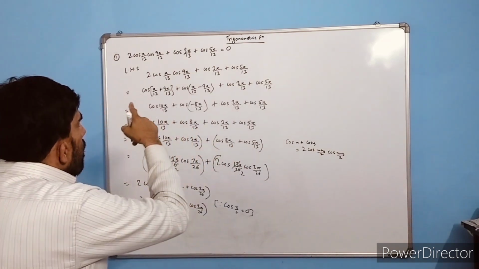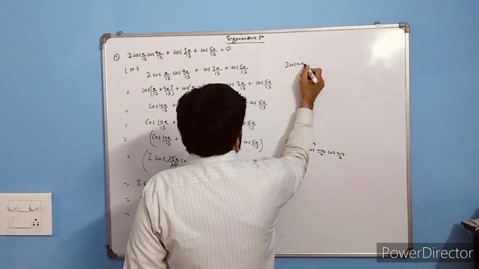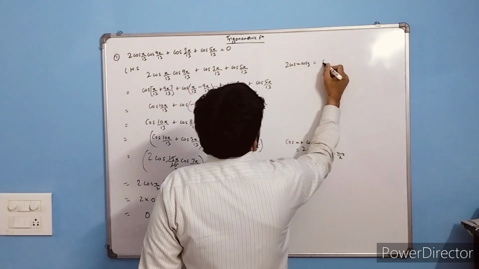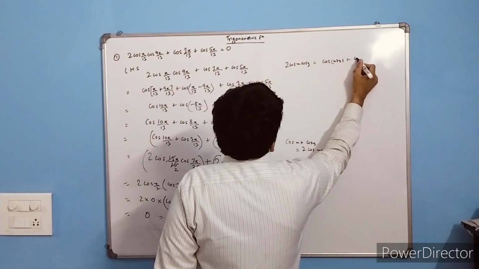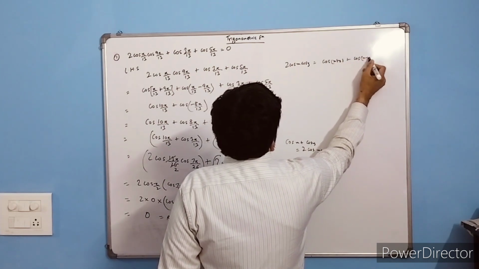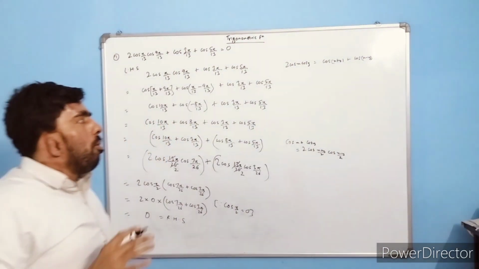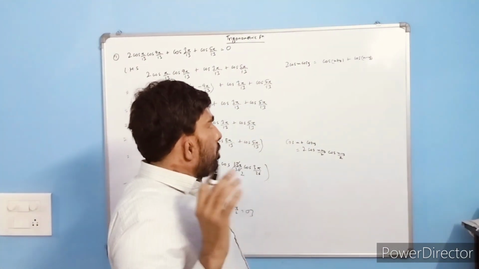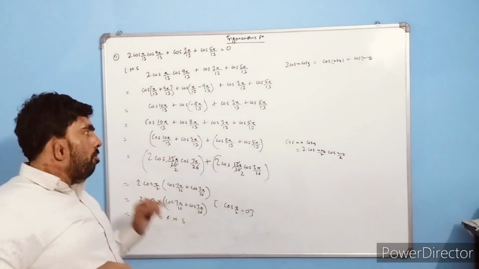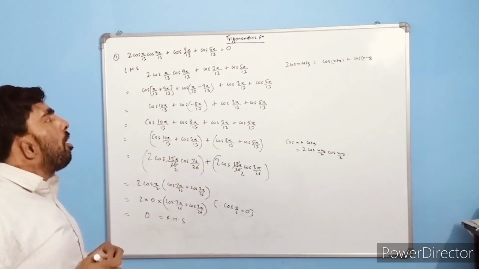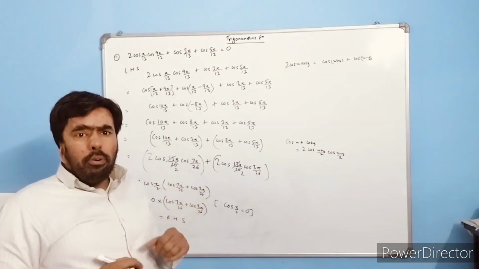One more identity I have used, that is 2 cos x cos y, that is cos x plus y plus cos x minus y. Okay. So we can see here we have used two formulas, that is two identities, plus we have used that cosine of pi by 2 is 0. So that is how, with the help of formulas, we can solve such kind of numerical.